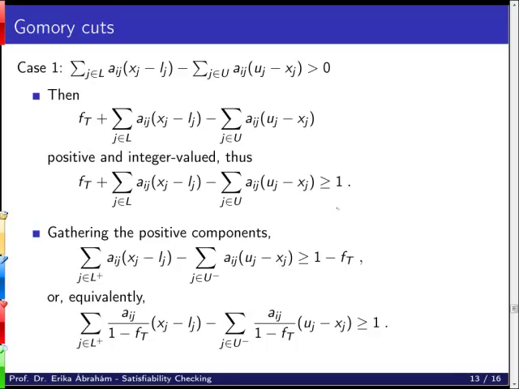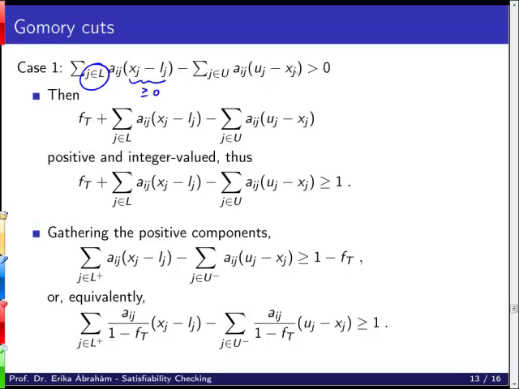And I just bring ft to the right-hand side, make some reformulations. Perhaps I have to go back a bit. So each of these sums is formulated such that if the index is in the lower bound, this will be larger or equal to 0.